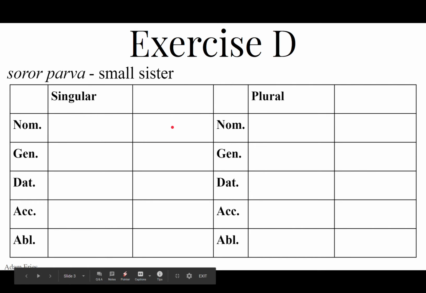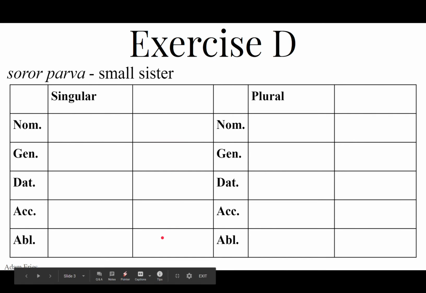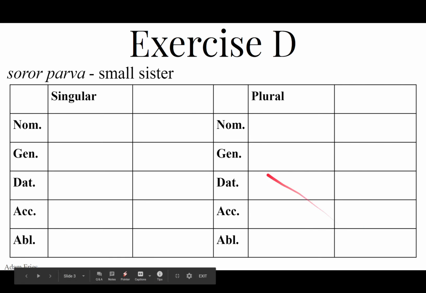And then parva will decline like a first declension feminine: -a, -ae, -ae, -am, -a, -ae, -arum, -is, -as, -is. So parva, parvae, parvae, parvam, parva, make sure to mark the final a long. Parvae, parvarum, parvis, parvas, parvis.